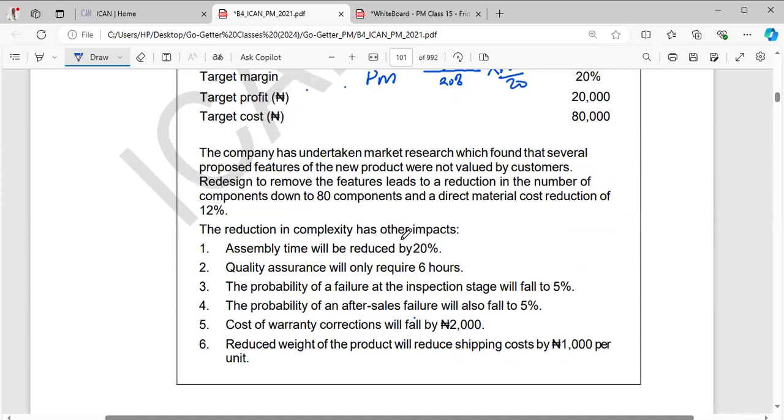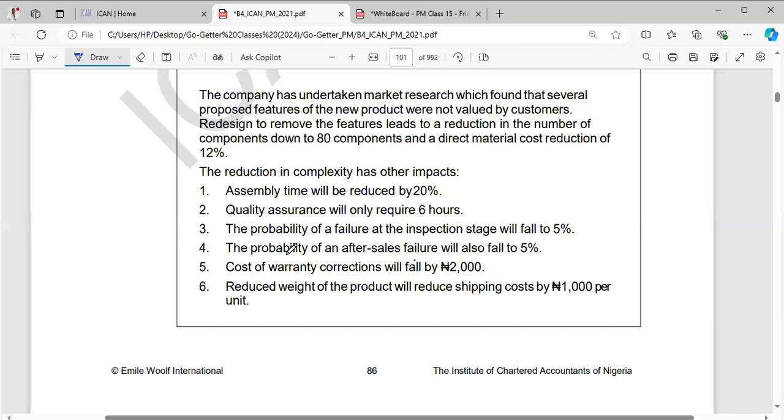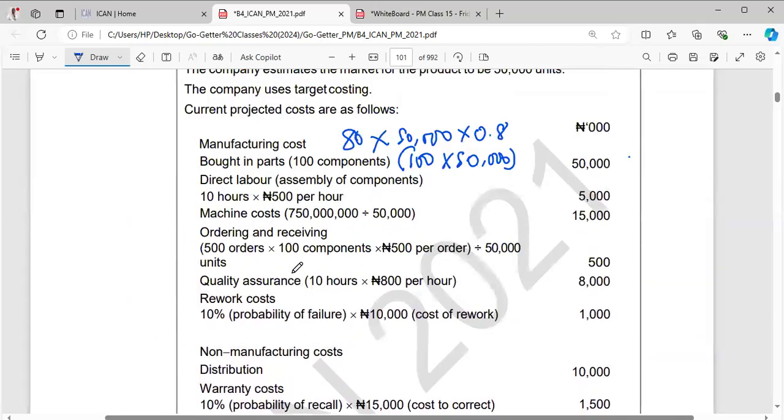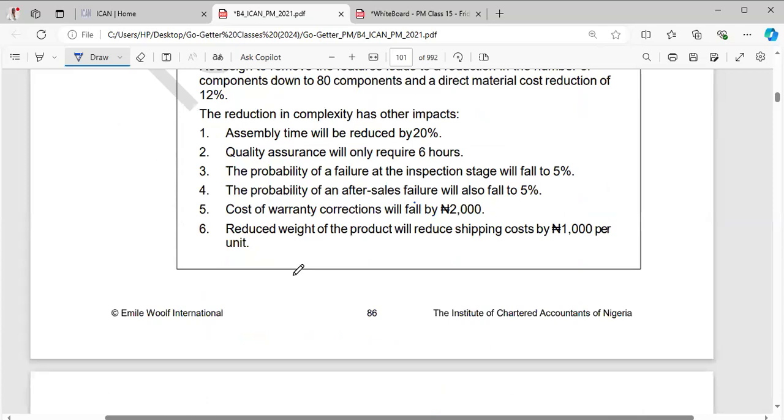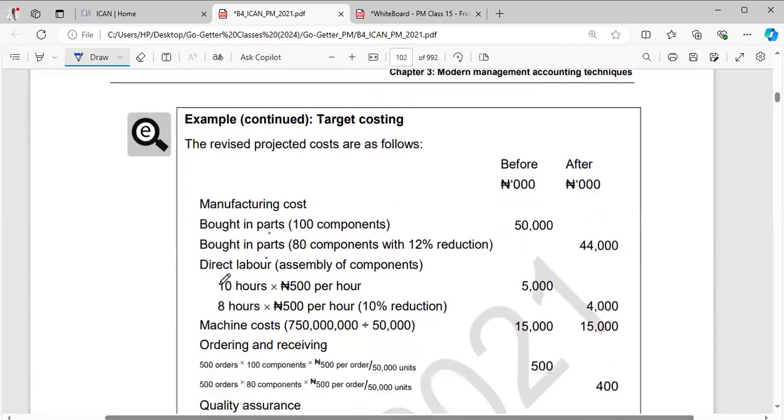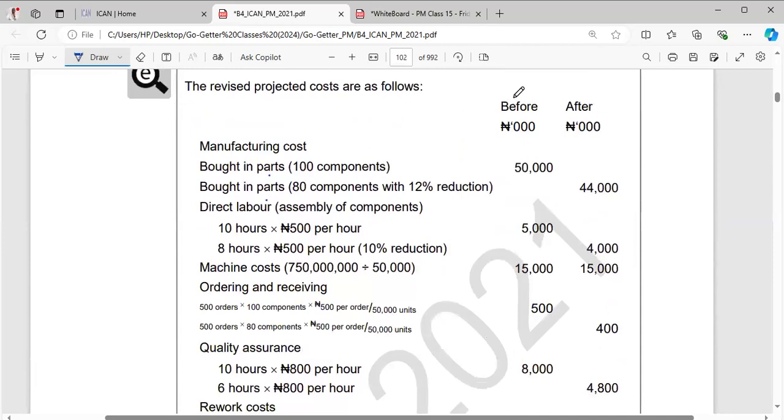If it is not, we leave it. If there is any that the additional information talks about, attack that one first and reduce it. Then bring the ones that did not affect it and join it with that, and you'll get your revised cost.